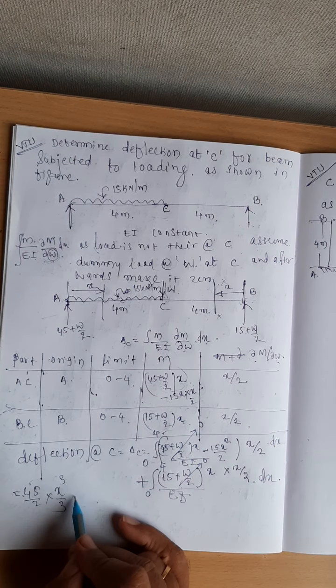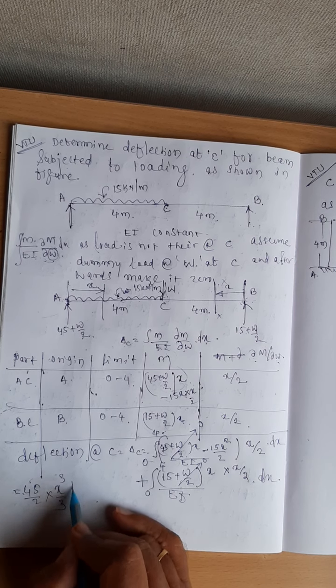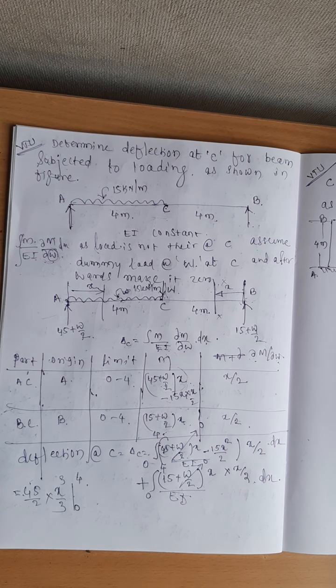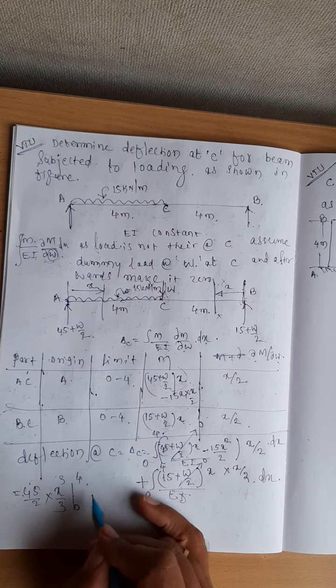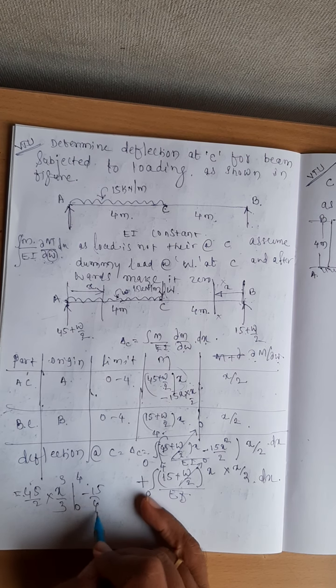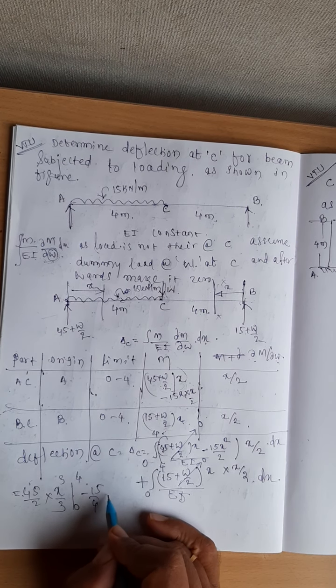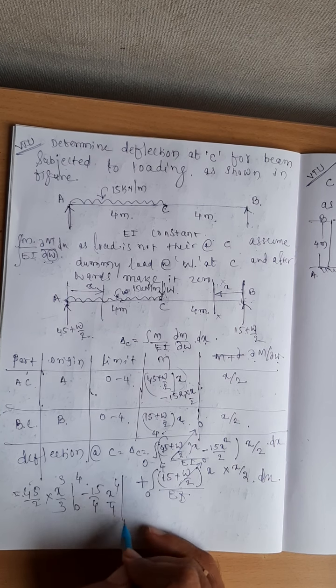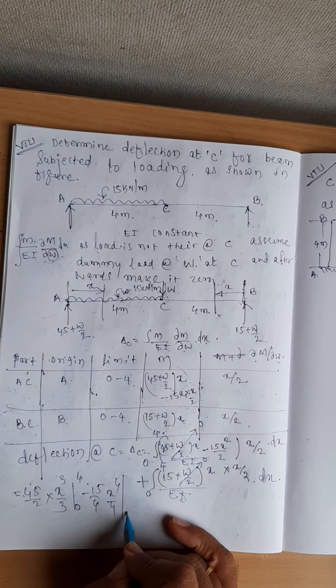Yes, simplify it. Limits are 0 to 4. Minus 15 by 4, check it, 15 by 4 X to the power 4 divided by 4, 0 to 4.